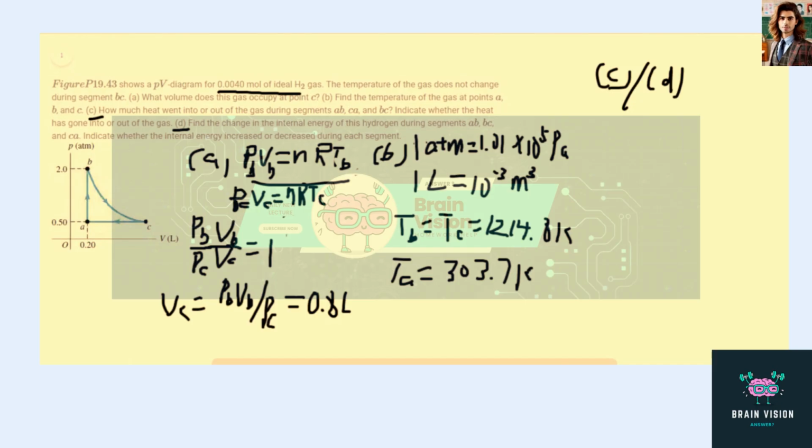To figure out the change in internal energy and also the heat into or out of the system, I find it's more convenient to calculate the change in internal energy first.